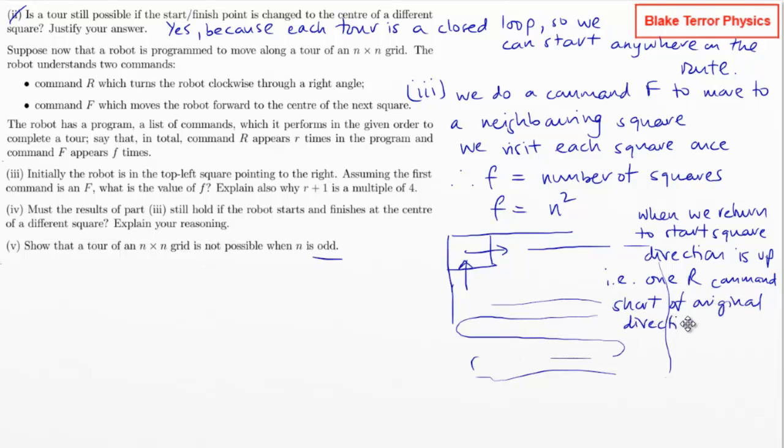So therefore R plus 1, doing one more R command, equals a multiple of 4. No, because we're turning 90 degrees each time, so 4 R's equals 1 complete turn.